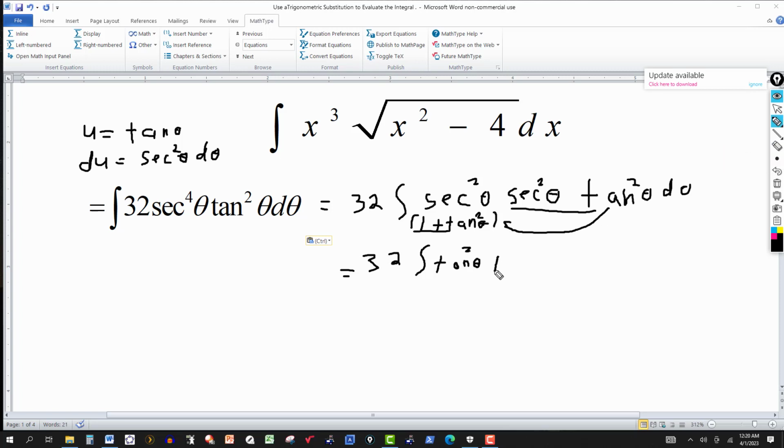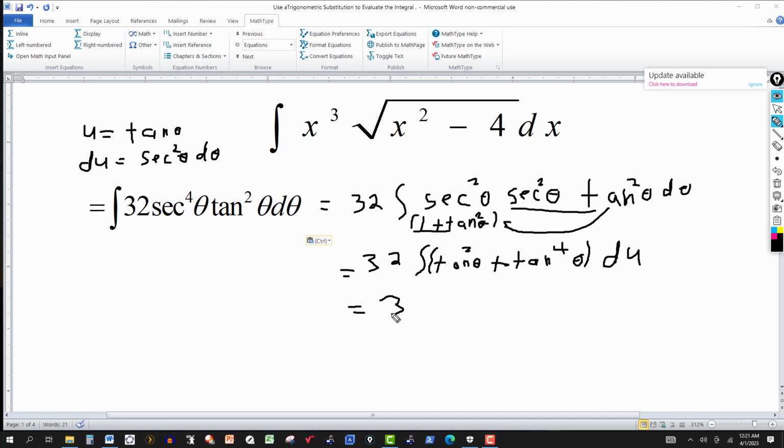And then this is plus tangent squared times tangent squared, that's tangent to the fourth theta. So this tangent squared has been multiplied out in here. All I have left is the secant squared theta d theta, and that's the du. And then we let u equal tangent.